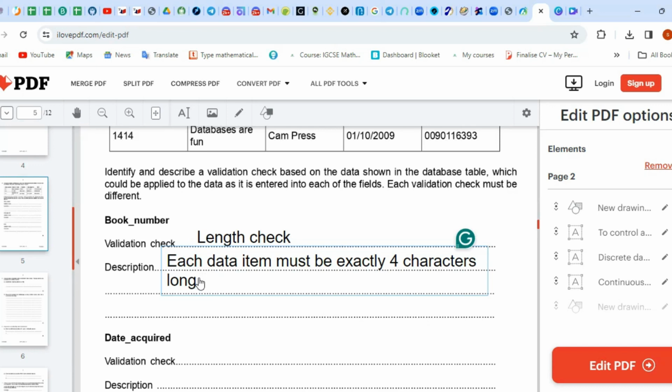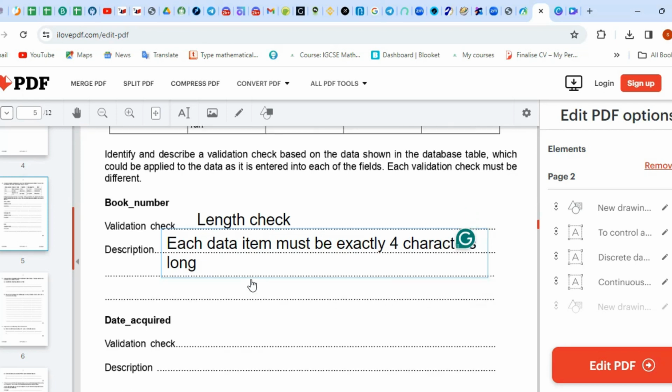If you choose range check, data must be in the range 1000 to 1999. Then we also have presence check, to check that the field has data that is not null. That is, it is not empty.